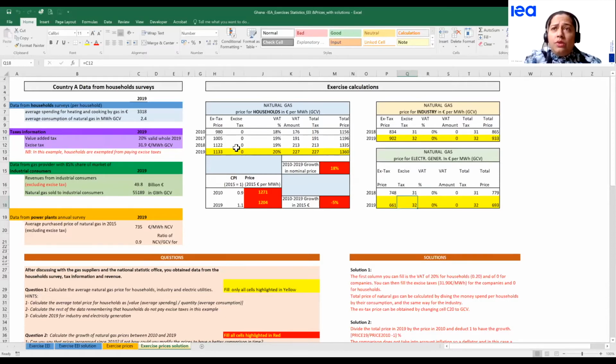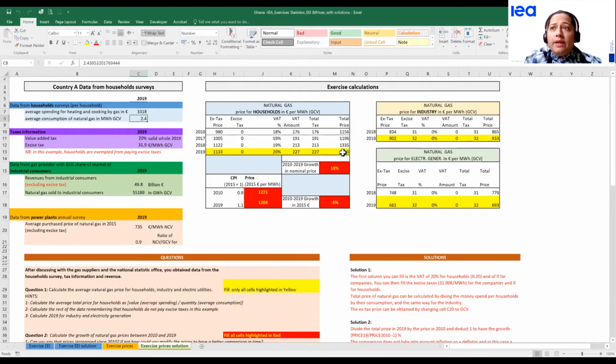Now let's go back to the household table and try to fill everything. For household, we are given information on the average spending for heating and cooking by gas in euro, which is 3,380 euro. And you also know the average consumption of natural gas in megawatt hour GCV, which is 2.4.